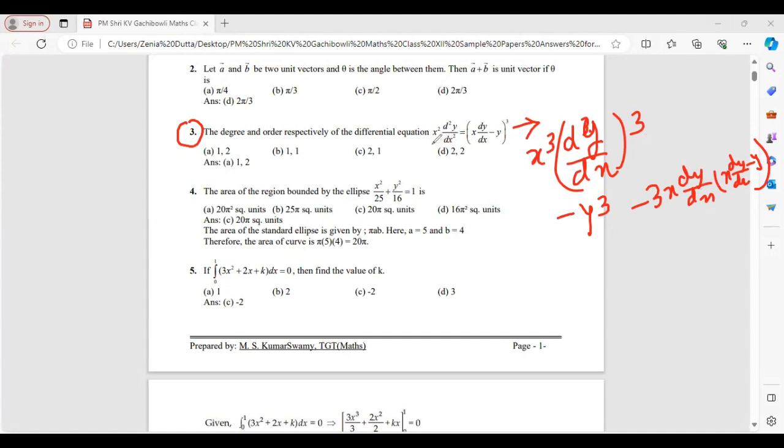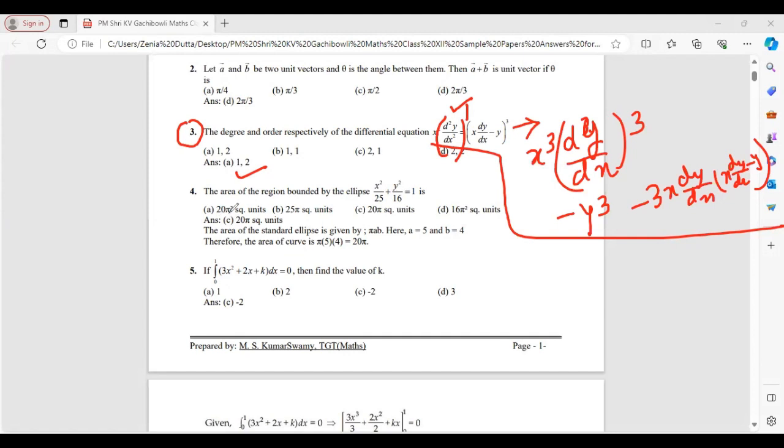Now, in spite of that also, you can see the order of the differential equation will remain 2, because the highest derivative present here is d square y by dx square. And then degree means we look into the power of it, which is 1. So hence the degree and order is 1 comma 2 for this question.